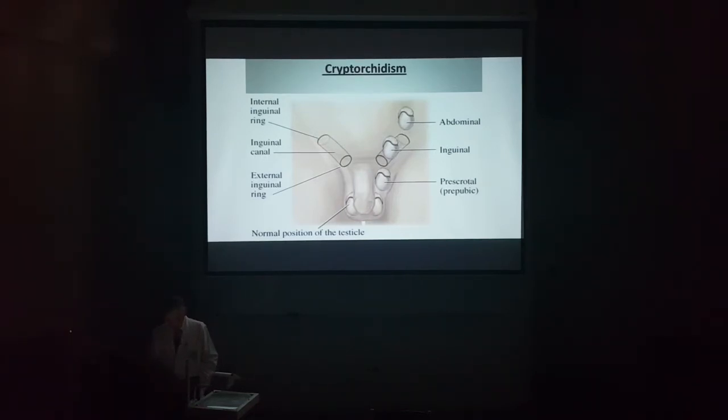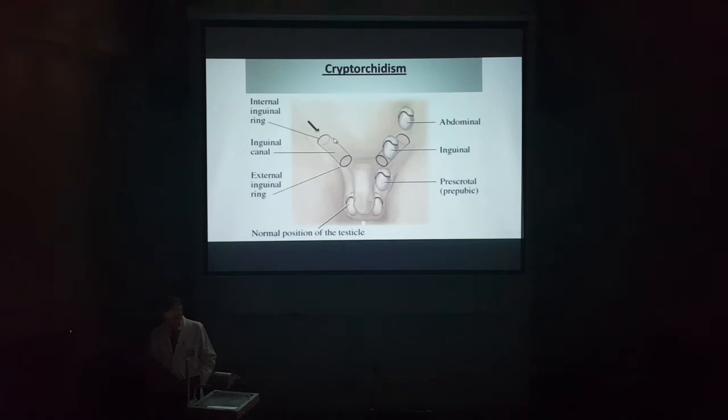And when it reaches the anterior abdominal wall, there is a pathway for it. It's called the inguinal canal. Sometimes it stops at different stages, but normally it should be at the bottom of the scrotum.